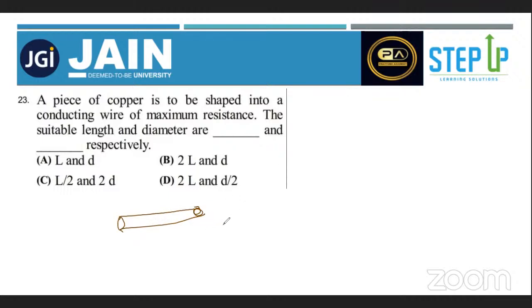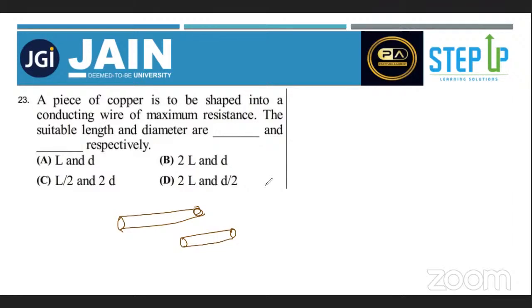If the diameter is smaller, the collisions will be more, that means temperature will be more, that means resistance will be more. Resistance is that condition because of which the flow of charges or current is being resisted, being stopped.